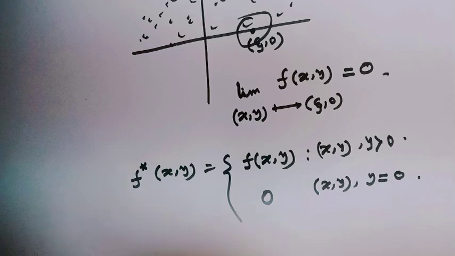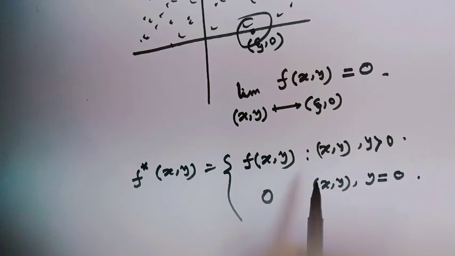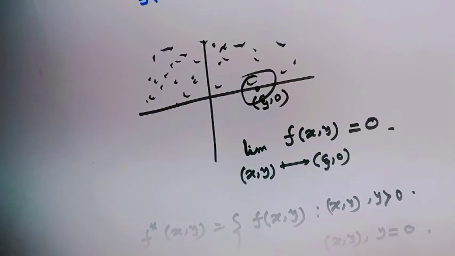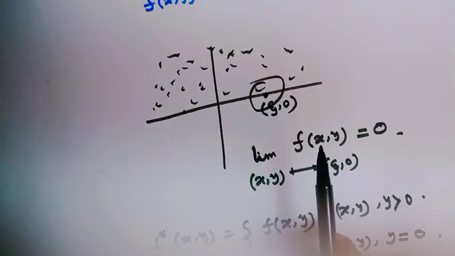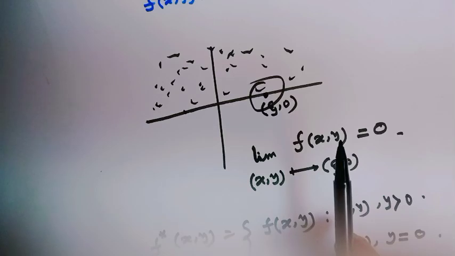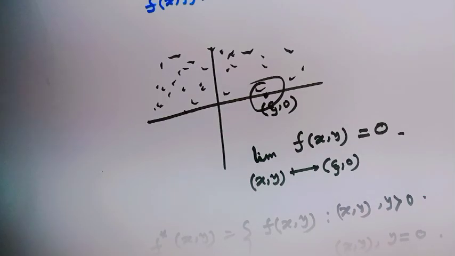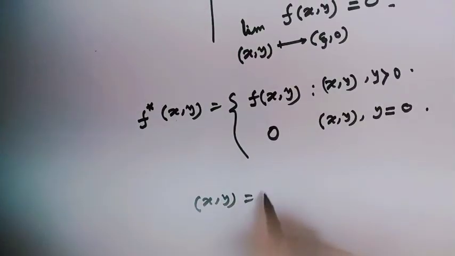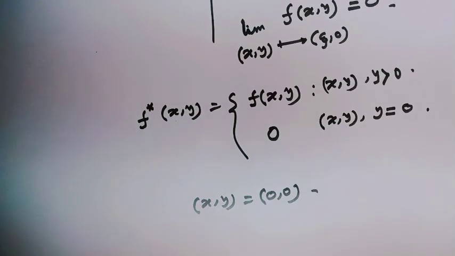This is the redefined function. And this function is redefined at all points on the boundary, and you can remove this discontinuity. But only at the point (0,0) is the function discontinuous. When (x,y) equals (0,0), the function has a discontinuity.